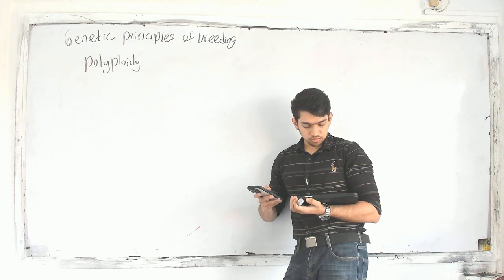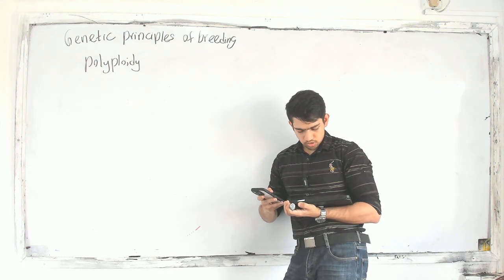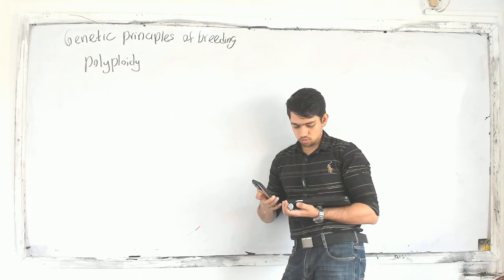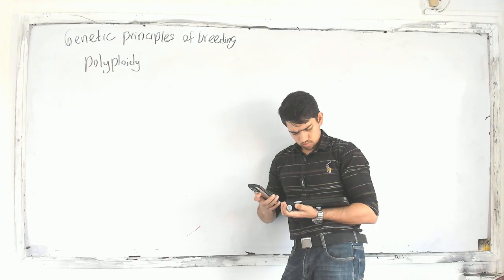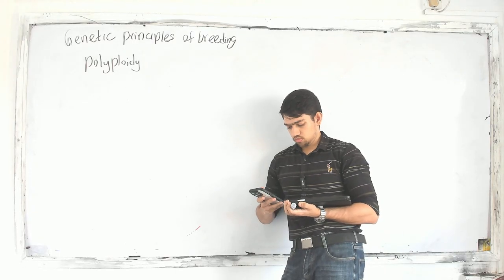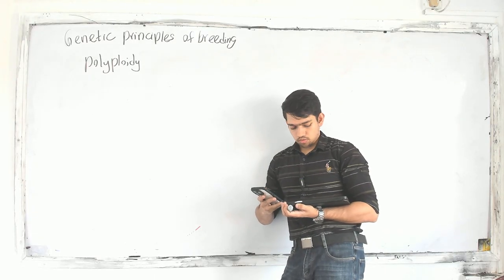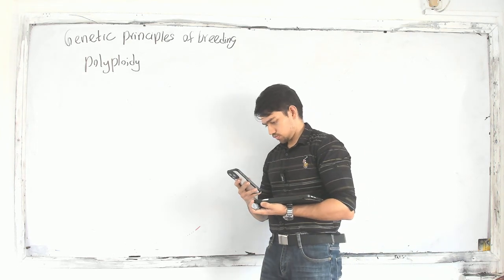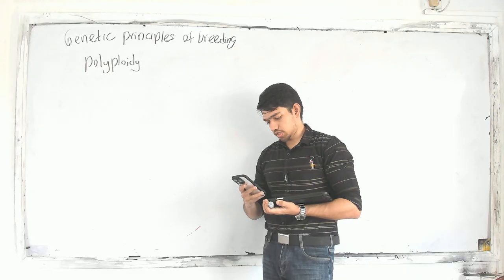Write down the definition: presence of more than two complete sets of homologous chromosomes per cell nucleus.